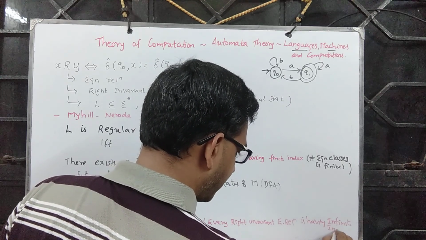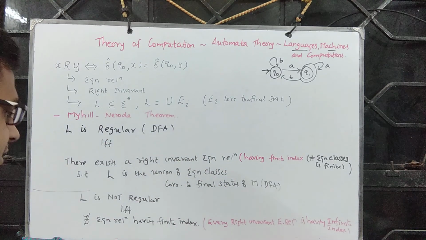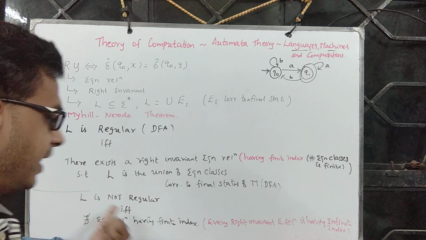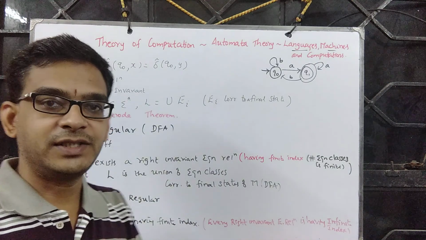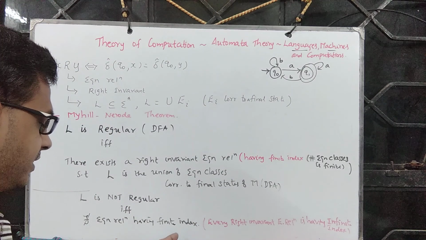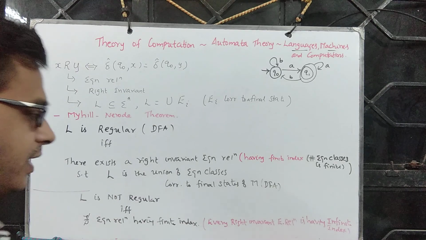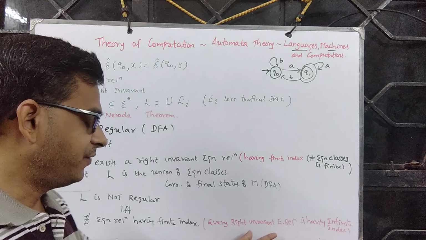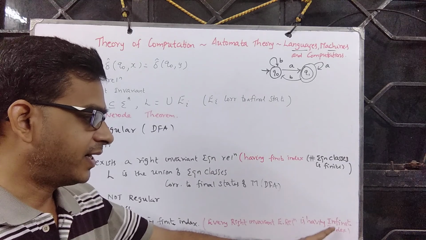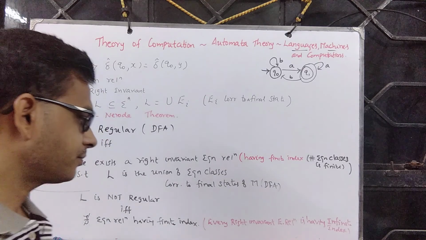So the number of equivalence classes will be infinite in nature. So if the underlying language is not regular, then there does not exist an equivalence relation having finite index, or rather every right invariant equivalence relation we come up with will certainly have an infinite number of equivalence classes.